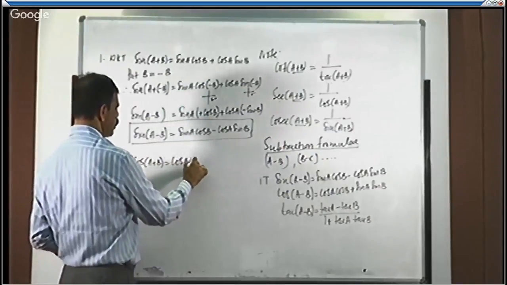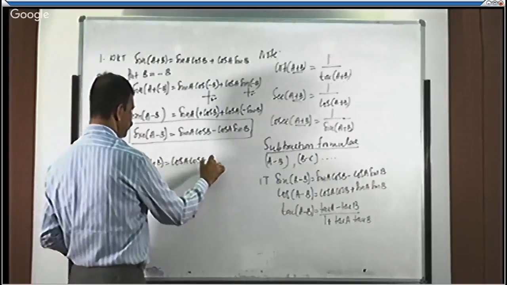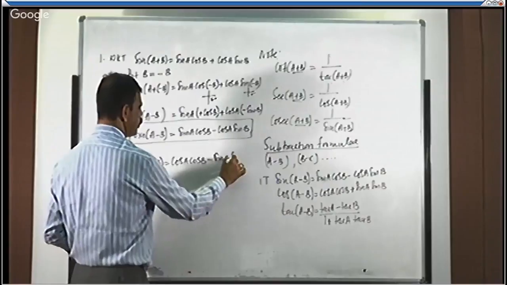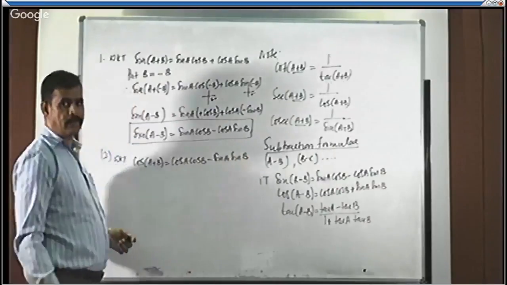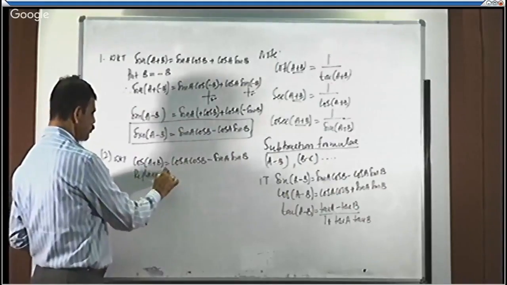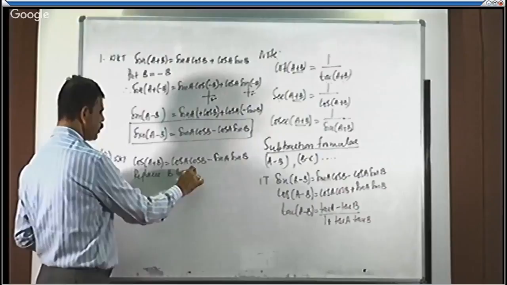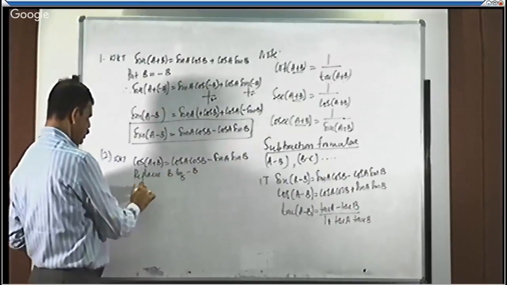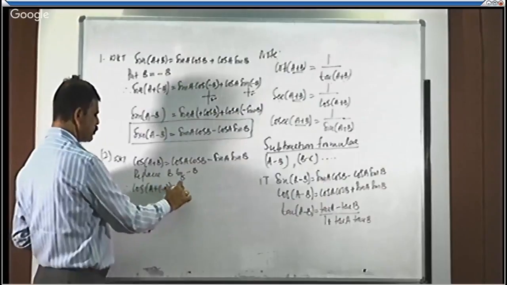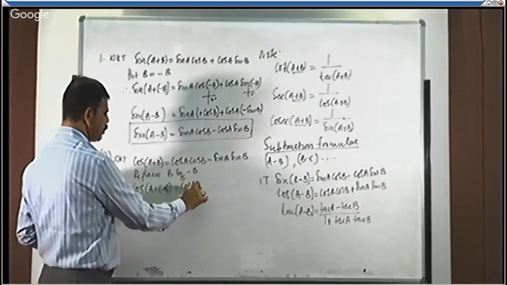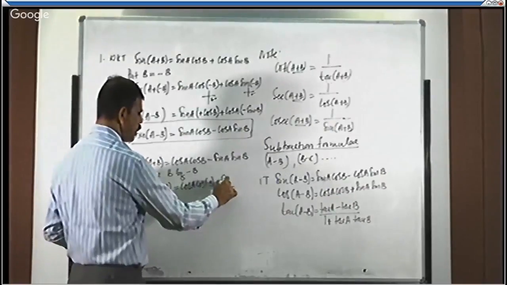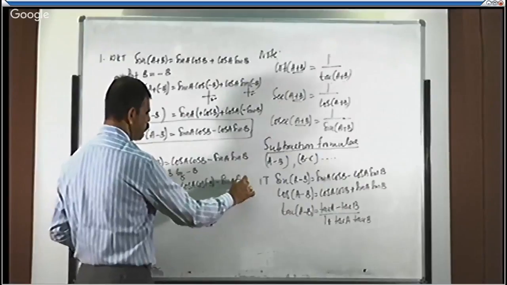Cos A cos B plus minus sin A sin B. Replace B by minus B. Therefore, cos of A plus of minus B is equal to cos A cos of minus B minus sin A into sin of minus B.